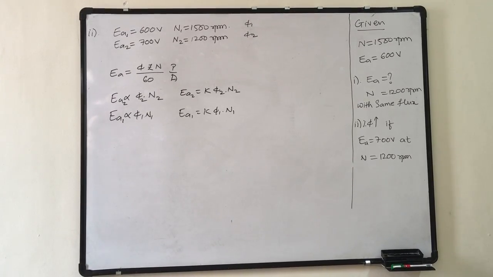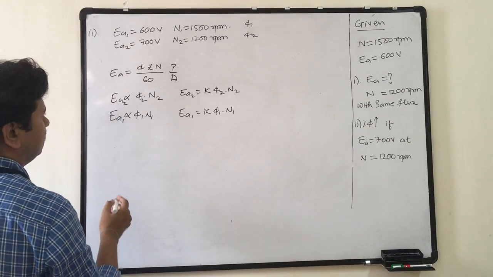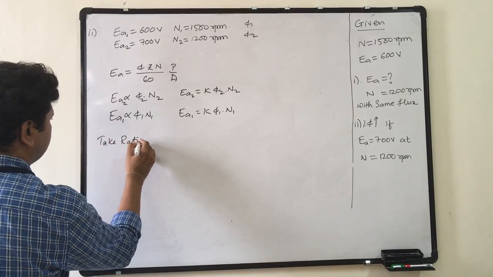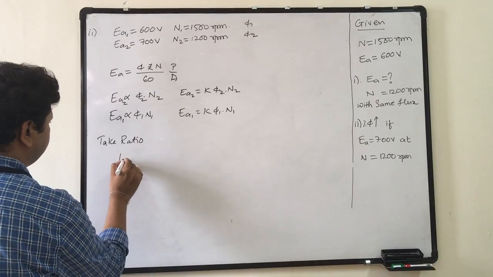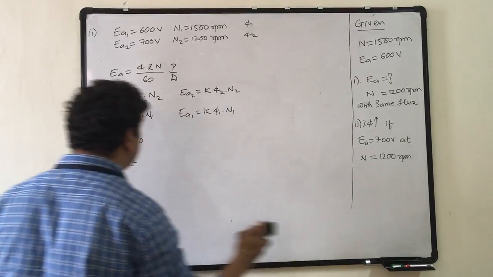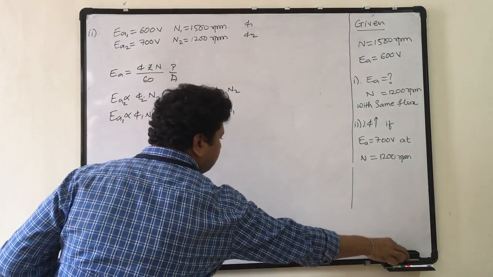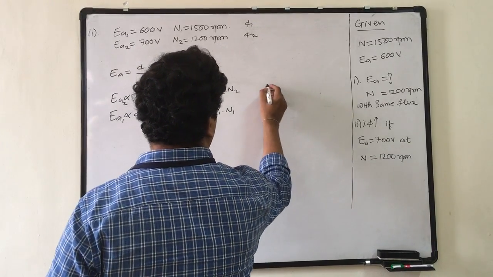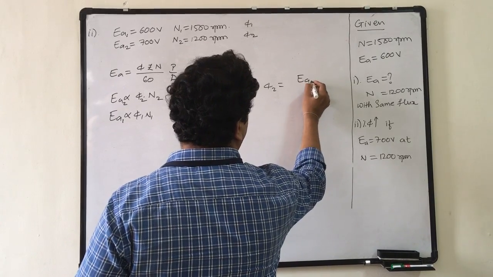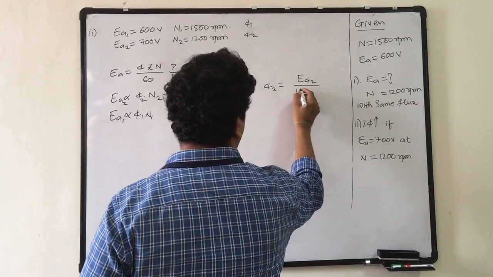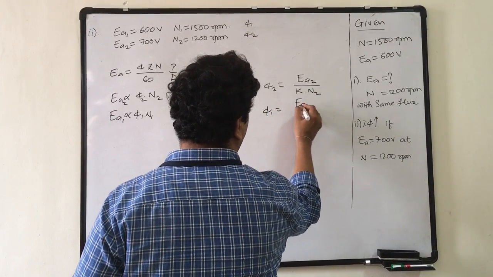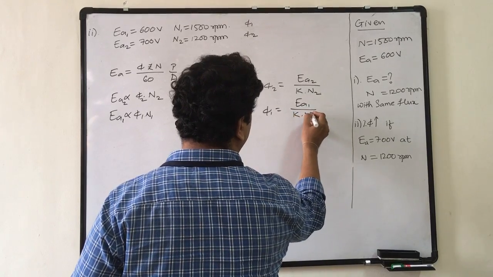Taking the ratio, since I want the ratio of phi 1 and phi 2, phi 2 is equal to EA2 by K into N2, and phi 1 is equal to EA1 by K into N1.